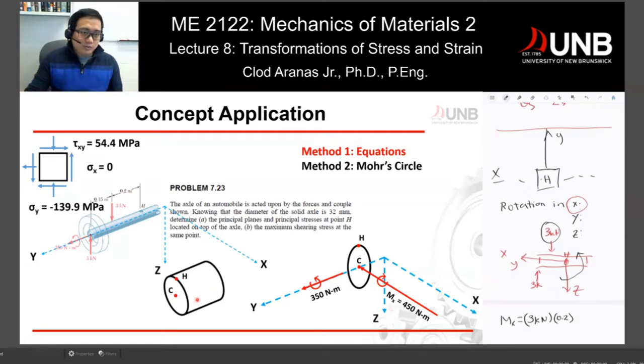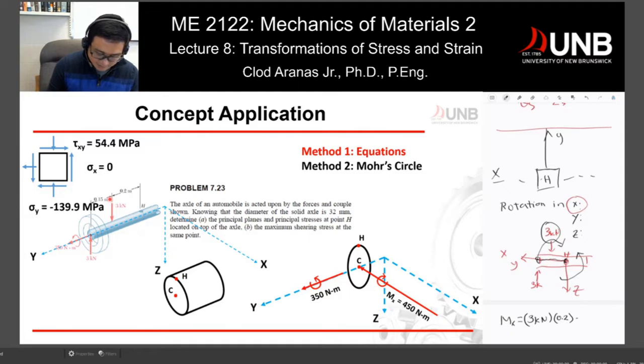Now, what would be the rotation of this other 3 kilonewtons? Looking from X, you can see that the rotation from point H going into this 3 kilonewton is clockwise. Since this produces a clockwise rotation, that's a negative number.